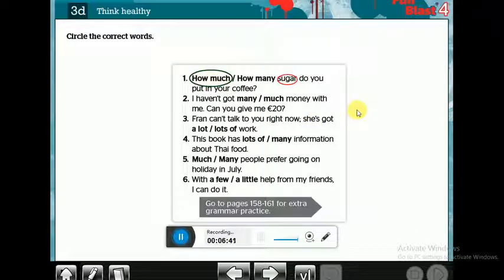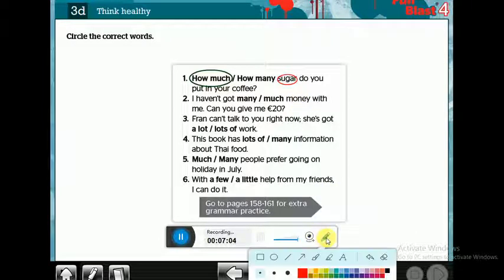So the second example, I haven't got many or much money with me. Can you give me 20 euros? Okay, so money. Is money countable or uncountable?